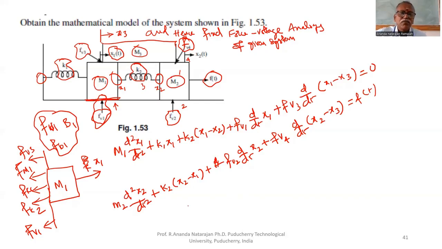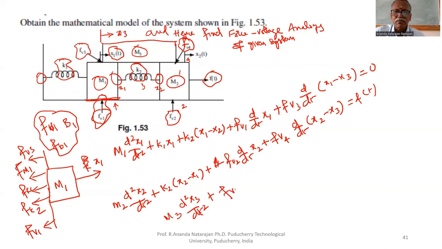Then for M3, M3 d square x3 by dt square plus, no spring, only dashpots. Dashpots are FV3 and FV4. That's all. Therefore, no applied force.